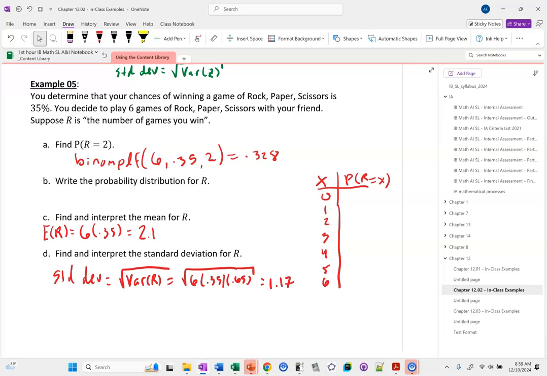I would expect on average to be 1.17 wins away from the mean number of wins if I were to repeatedly play 6 games of rock, paper, scissors against my friend. Right? So if I did this again, I'd expect the number of wins to be the mean plus or minus 1.17. Does that feel okay?